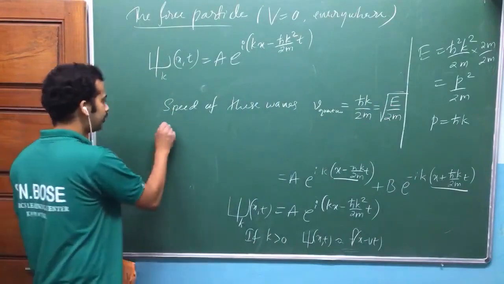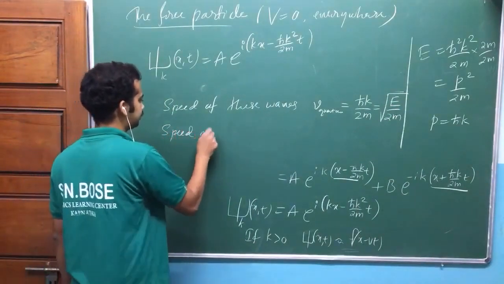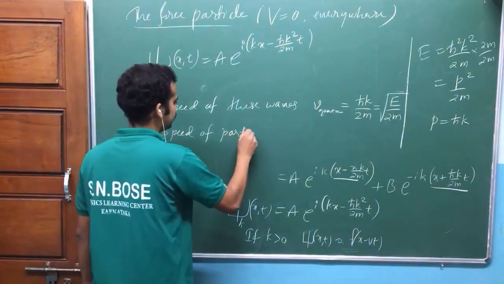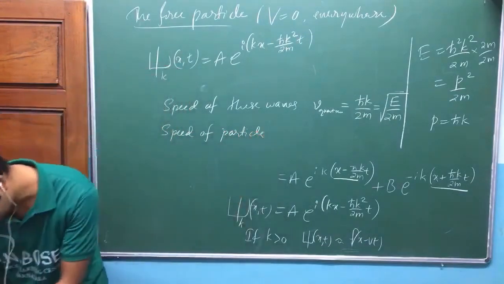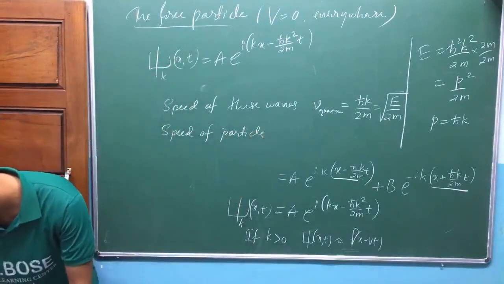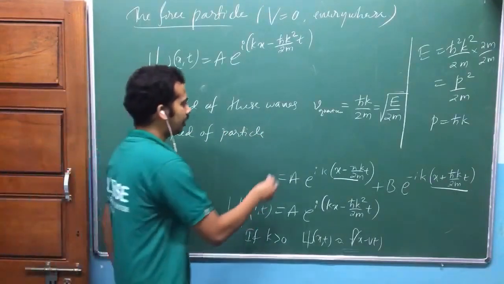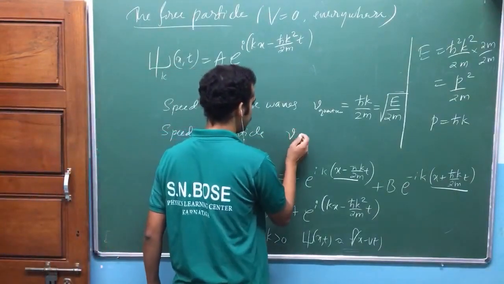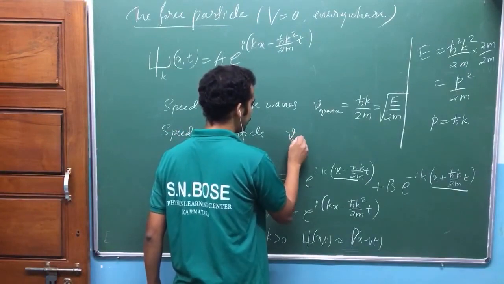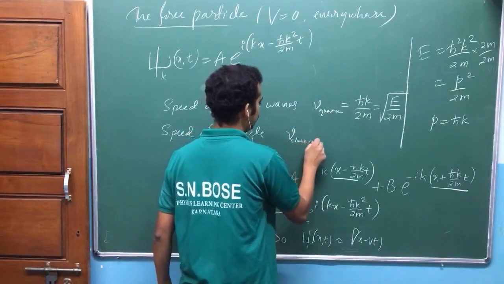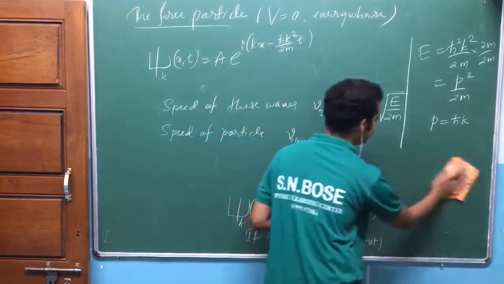But what is the speed of the particle? Again, he calls that one v quantum, and this is v classical, the speed of the particle.